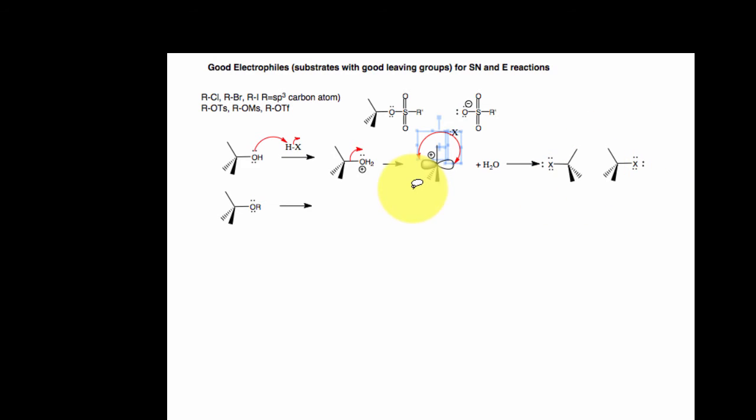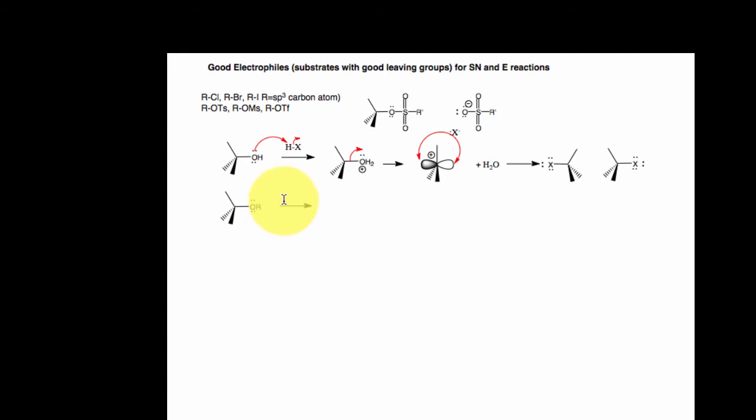Again, this would only happen for substrates that would have stable carbocations, such as conjugated, allylic, benzylic, or hindered, such as hindered secondary or tertiary substrates.